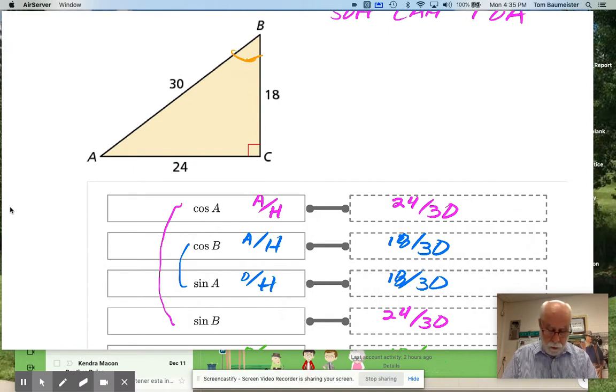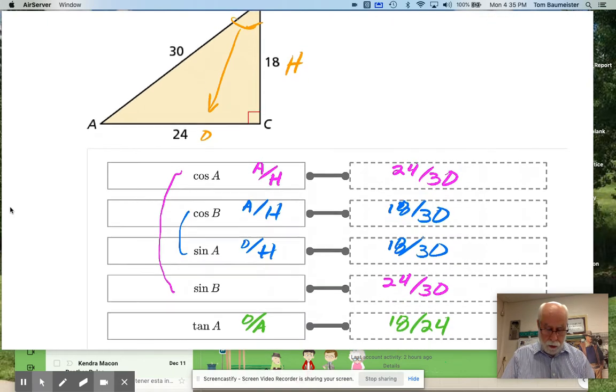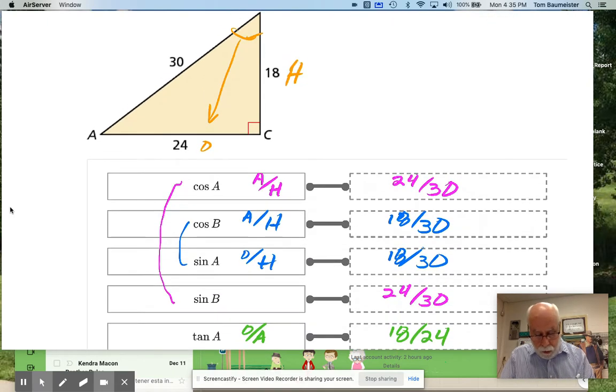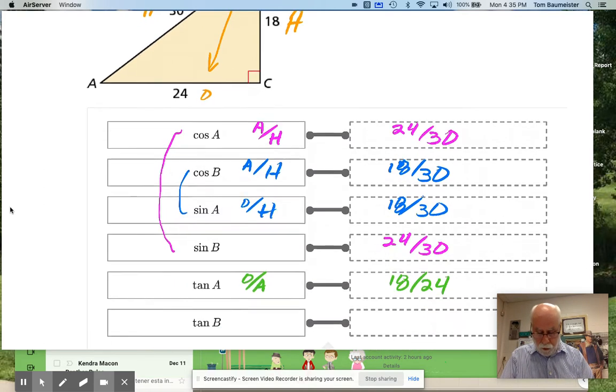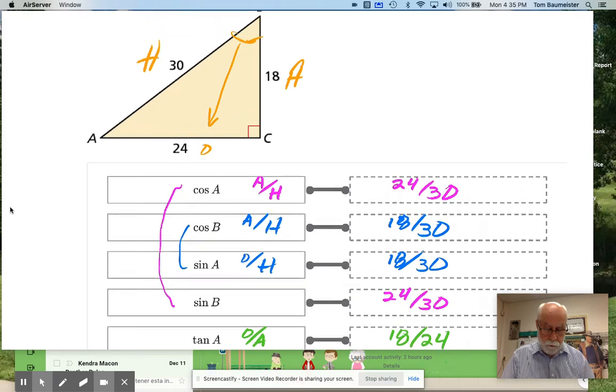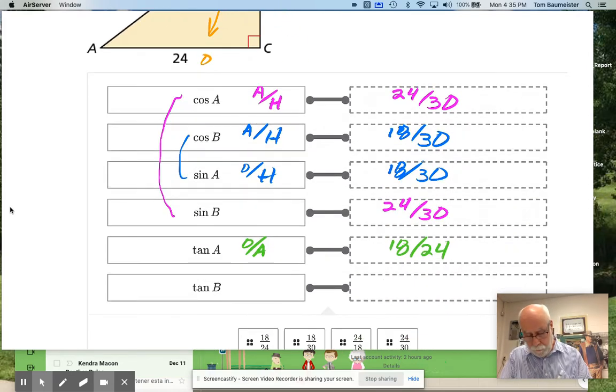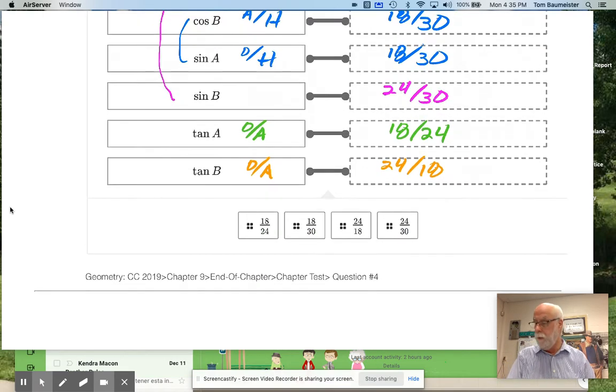There's our B, there's our opposite, and there's our adjacent. In this case, that would make this our hypotenuse. So on this one we'll have 24 over 18. Okay.